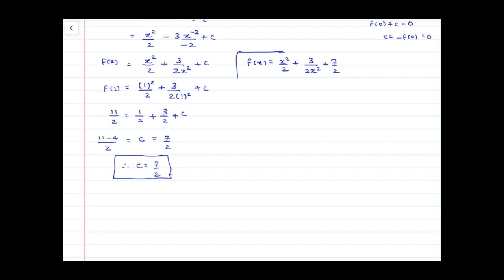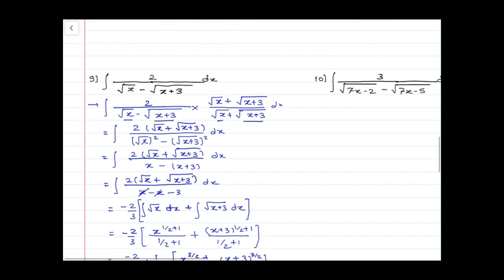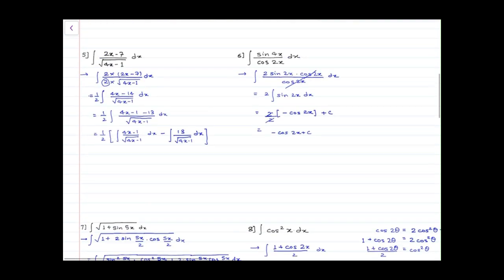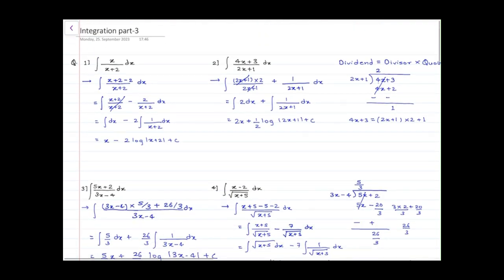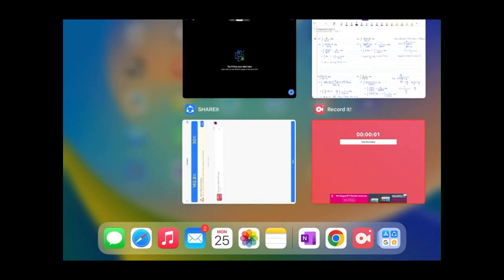So I hope everything is clear for you. It's not difficult, it's really simple. You just need to know the basic mathematics and you need to use your smartness to solve this kind of questions, right? I hope everything is clear and you can solve more problems on this. So that's all. Thank you so much.